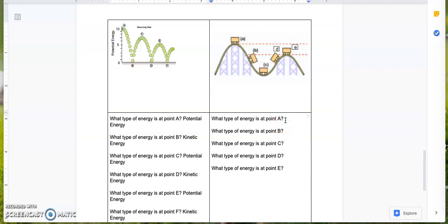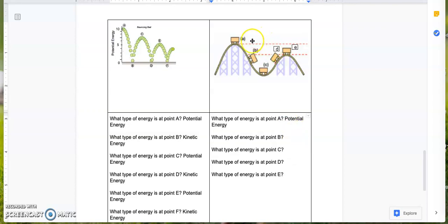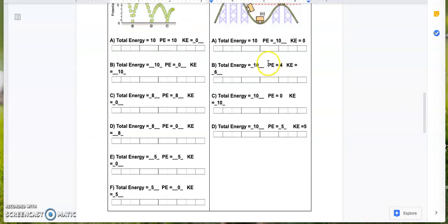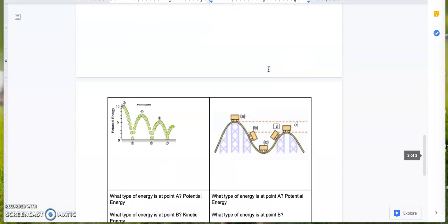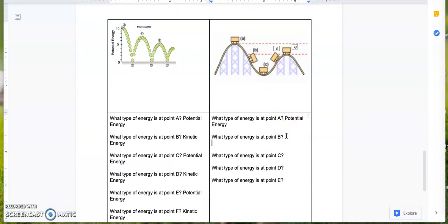At A, hopefully, we all know it has just potential energy. But now B, it's going down. So hopefully you realize from up here, having potential and kinetic, that means that it has mechanical energy. But we need to be more specific than that. We need to say it's mechanical energy, either potential turning into kinetic, where it's getting lower and speeding up, or kinetic turning into potential, where it is getting slower and higher.